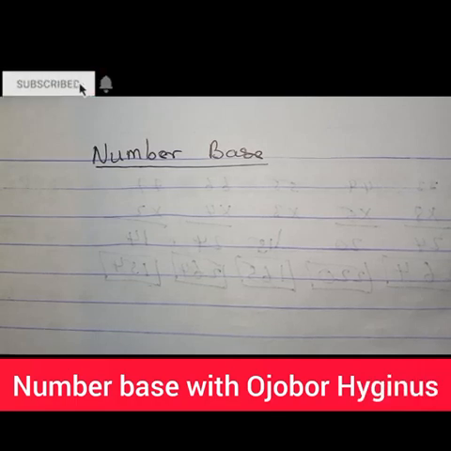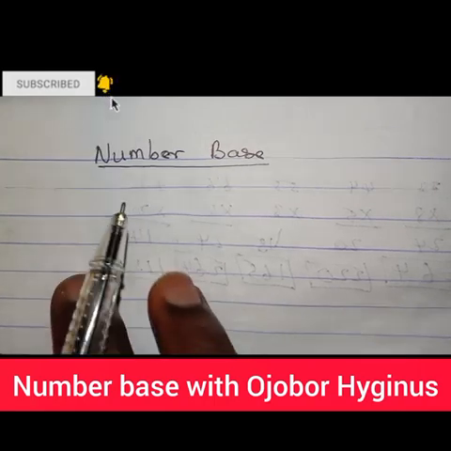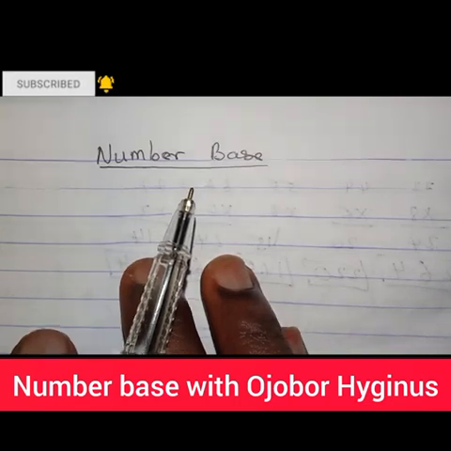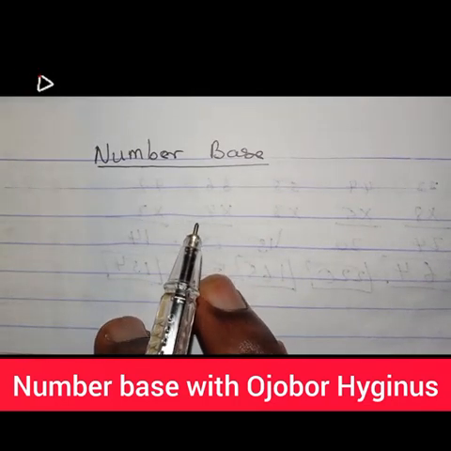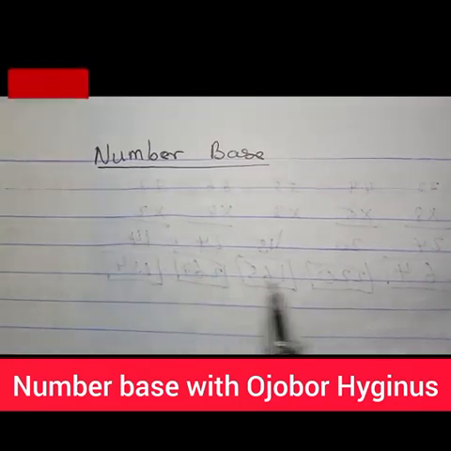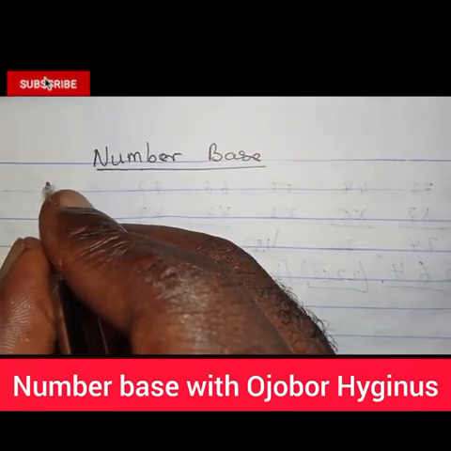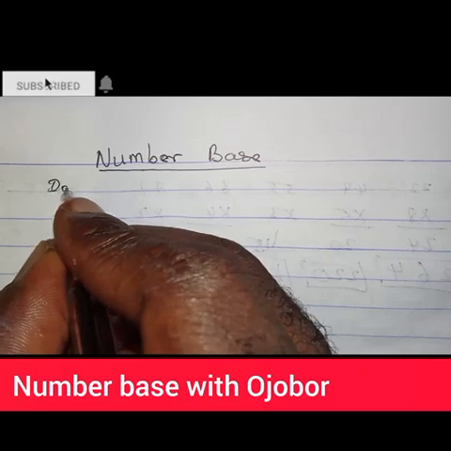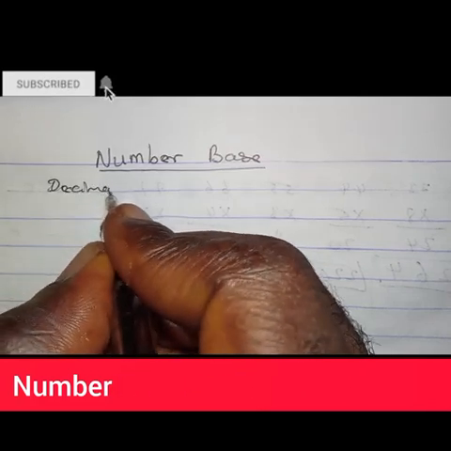We know we have decimal numbers, binary numbers, octal numbers, hexadecimal numbers, ternary numbers, and so on and so forth. But our emphasis is going to be on the decimal numbers and binary numbers.